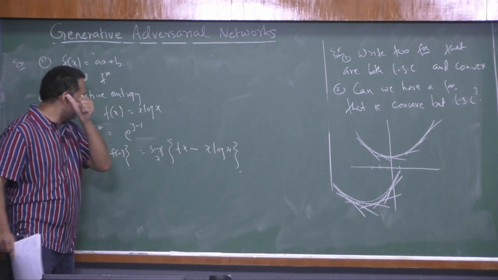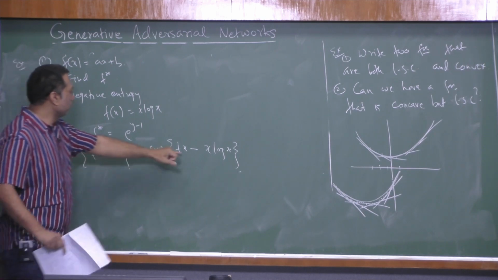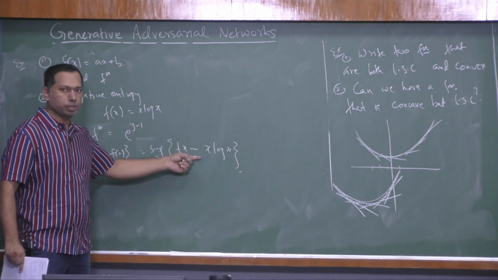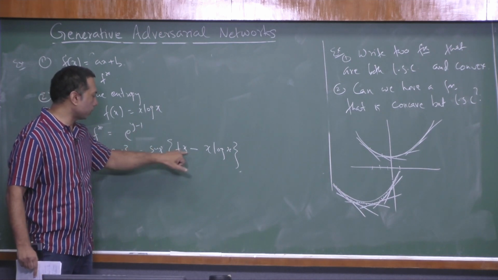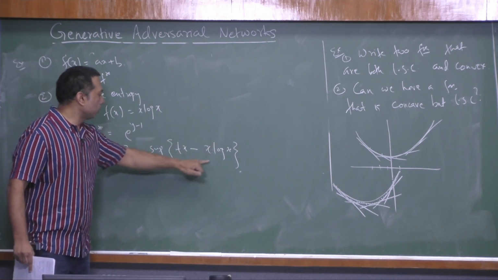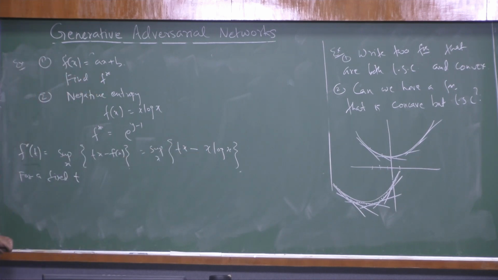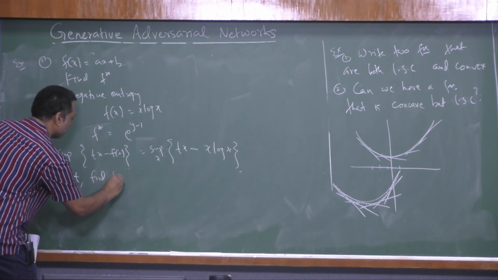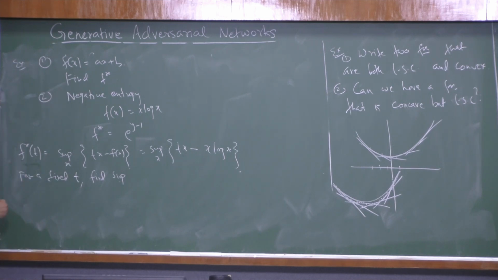To check that this is bounded above, we will find the maxima of this, so we have to differentiate. For a fixed t, right now it's not easy to say whether it will be unbounded for certain values of x. So I will use calculus to see what the maximum value could be for a given t. Find the sup: I take a derivative with respect to x, since I am solving this optimization problem over x.